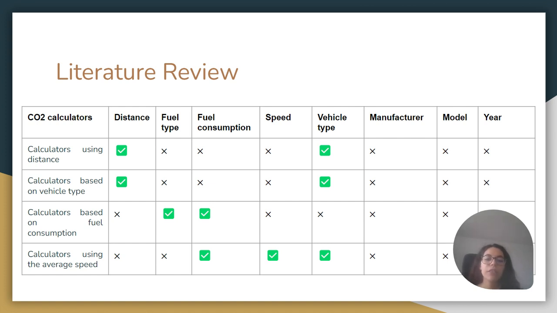But since we only present in this table the common factors for calculators belonging to the same category, we only kept the distance and vehicle as the most common factors in this category. Same thing for calculators based on vehicle type. Then we have calculators based on fuel consumption. They mainly use fuel type and fuel consumption. The fourth and final category is based on the average speed. They mainly use fuel consumption, speed, and vehicle type.